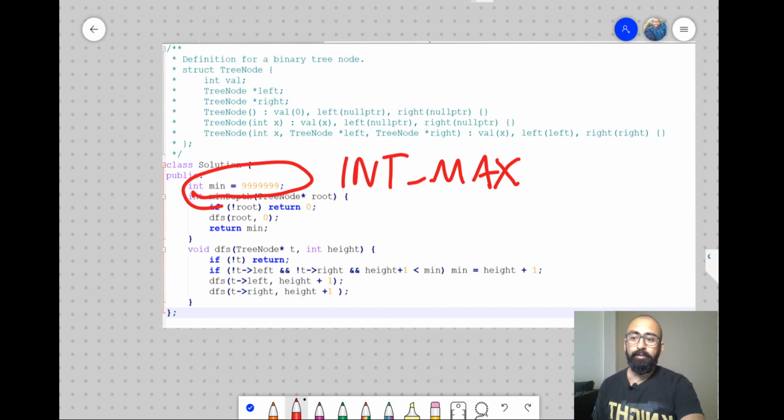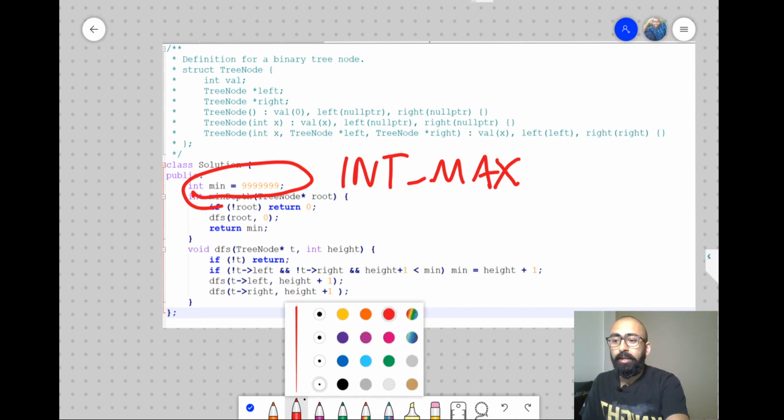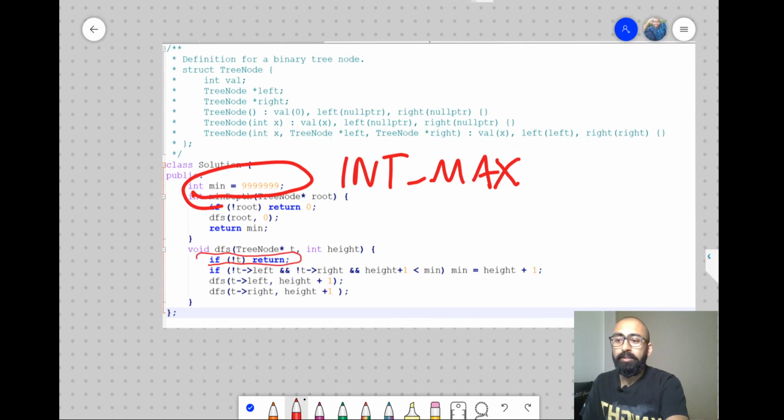Now the recursion that we look at is this. The base case is if you reach a null node, then just return, right? Don't do anything.